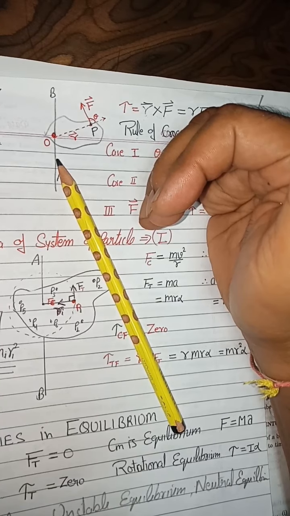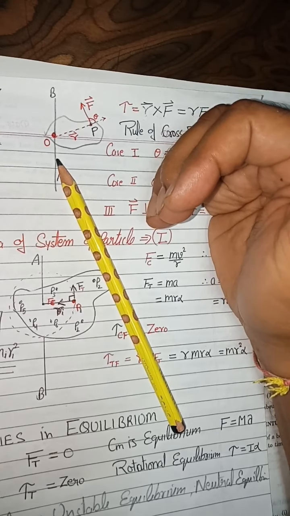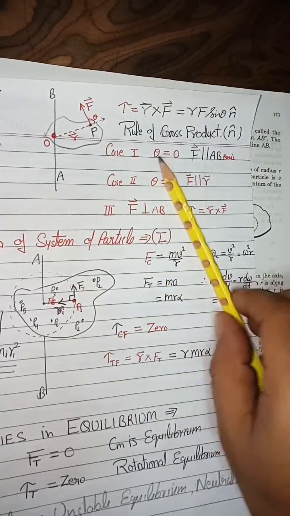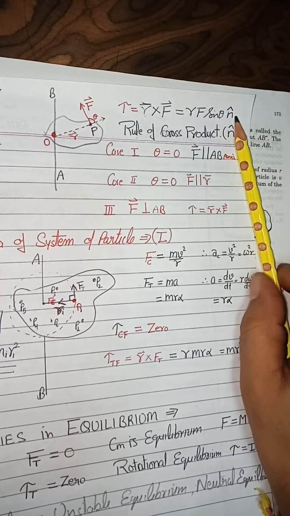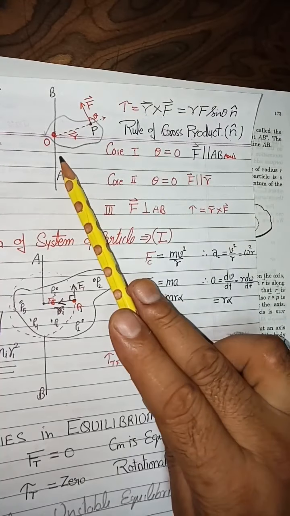I had explained this in the case of cross product, how to find the direction of the cross product of two vector quantities. This is the direction of the torque, which is shown here as n cap.